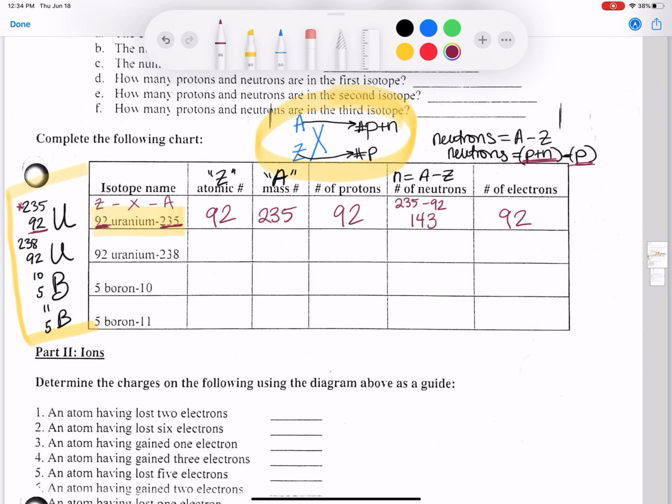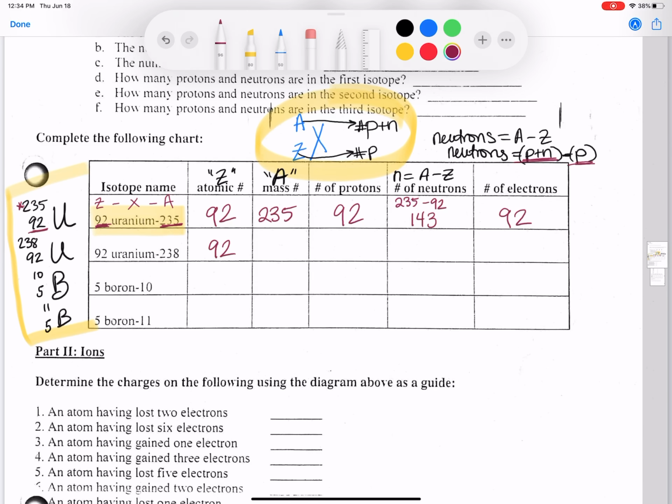If I now look at my other isotope of uranium, then now I have a mass number of 238. And so my atomic number, my Z number, hasn't changed. It's still 92. My mass number this time, though, is a little bit different. It's 238. My number of protons, that's not changing. I'm still dealing with uranium. It's still 92 protons.